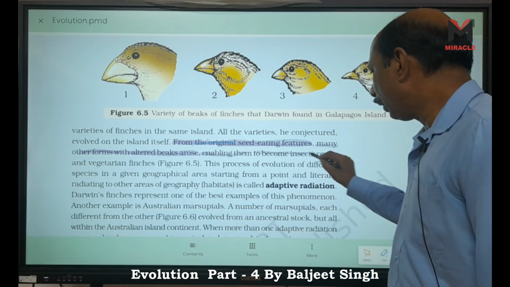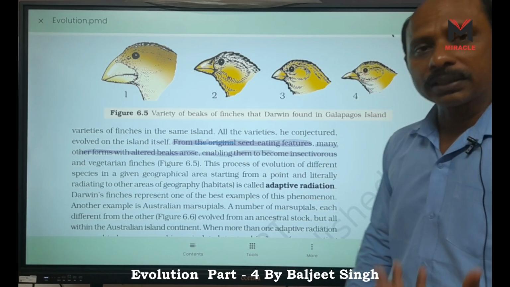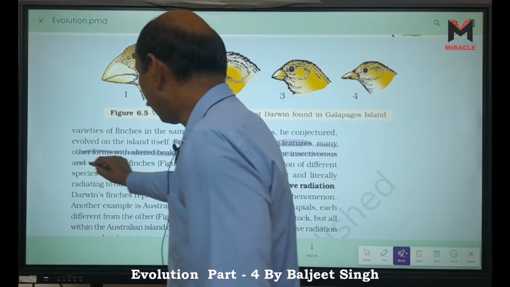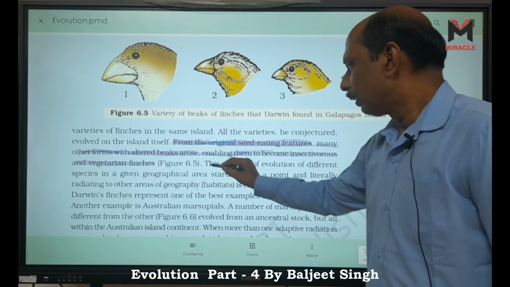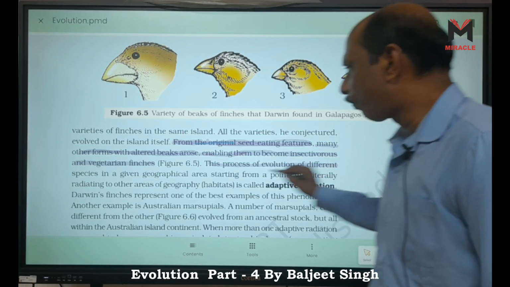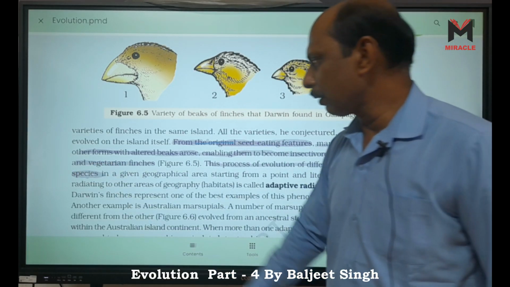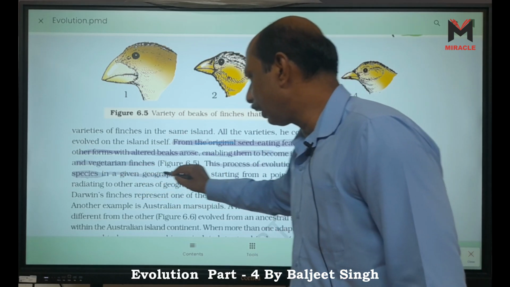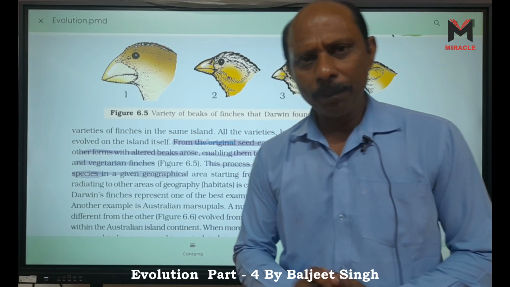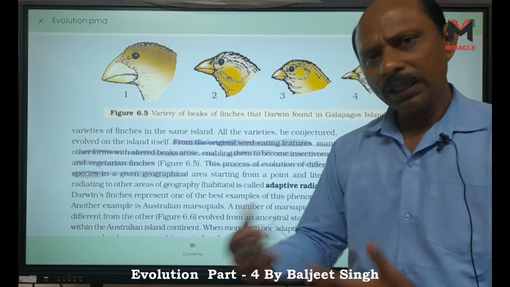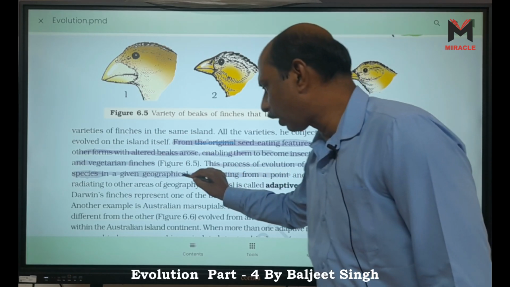Enabling them to become insectivorous. Some become insectivorous, where seeds are fewer but insects are more, and some become vegetarian finches. This is the process of evolution of different species in a given geographical area. Given means a single isolated geographical area, either Australia or the Galapagos Islands.